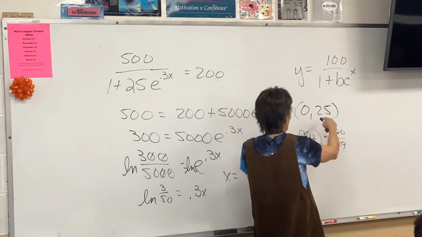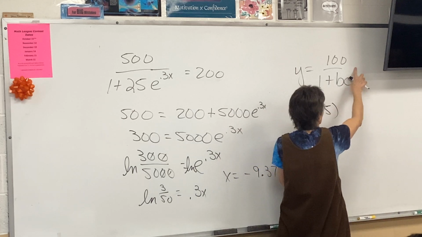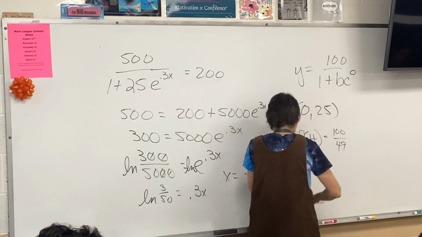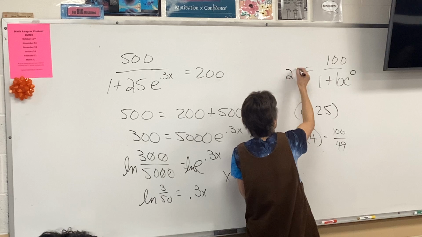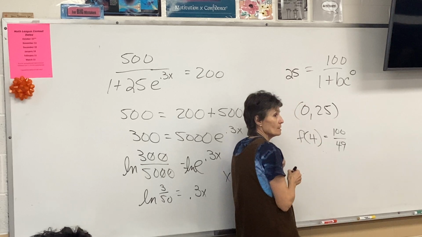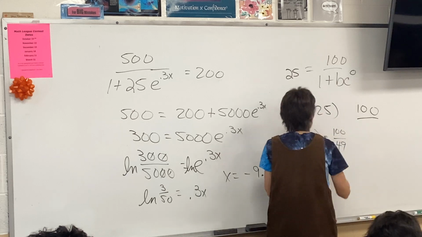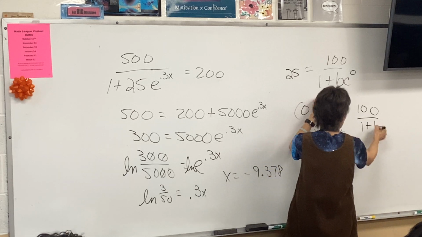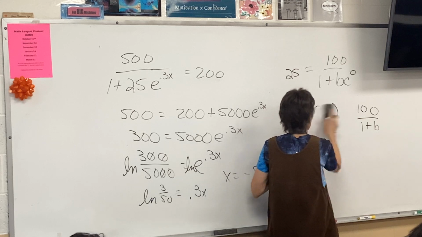All right, so if I put in a 0 here, I'm supposed to get 25 here, right? So 100 over 1 plus b equals 25.